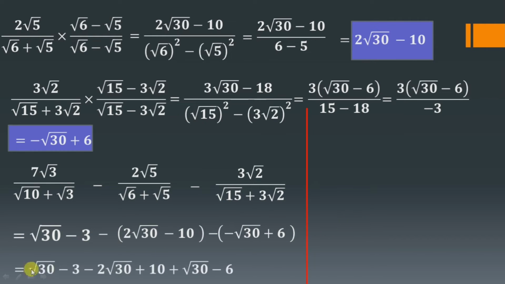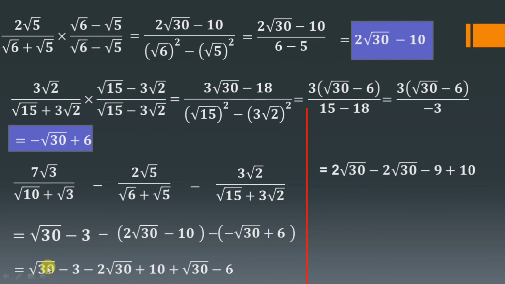Let's simplify it. Root 30 minus 3, minus into plus is minus 2 root 30, minus into minus is plus 10, minus into minus is plus root 30, minus into plus is minus 6.